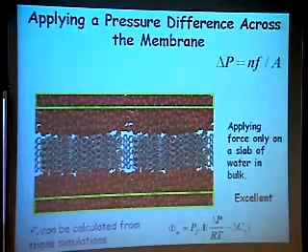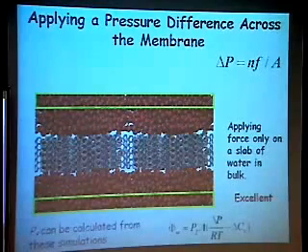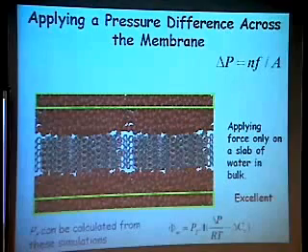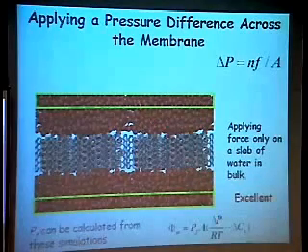So basically, you just induce a pressure in this compartment instead of direct force on individual water molecules. So you expect a more natural and more smooth effect of pressure on conduction of water.